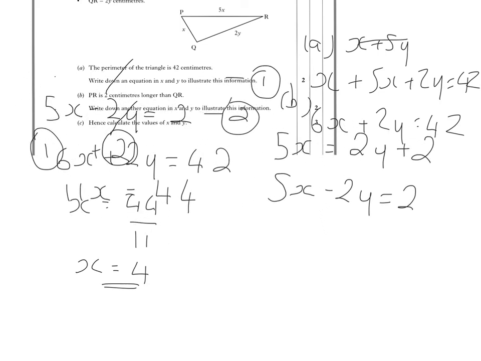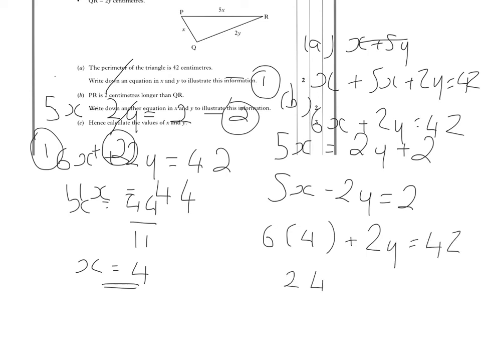So again, the equation that I'm going to use is 6x plus 2y is equal to 42, and where I see x, I'll replace it with 4. So that's going to be 6 lots of 4 plus 2y is equal to 42.